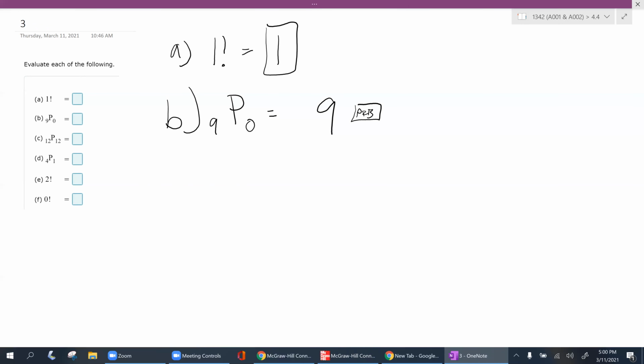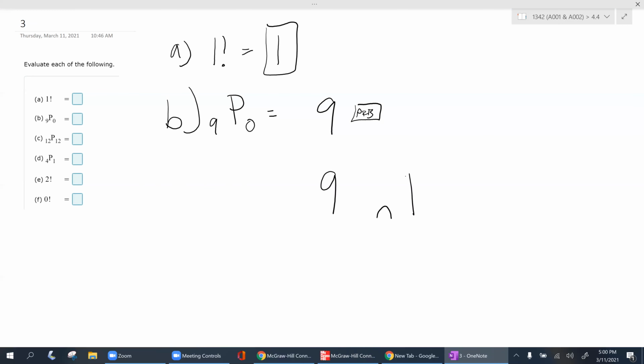We're going to use the first one, nPr. You're going to click on that, so now your screen should look like this. And then you're going to type in the r value that you want, 0. If we were to do 9 nPr 0, this gives me 1. My answer was 1.